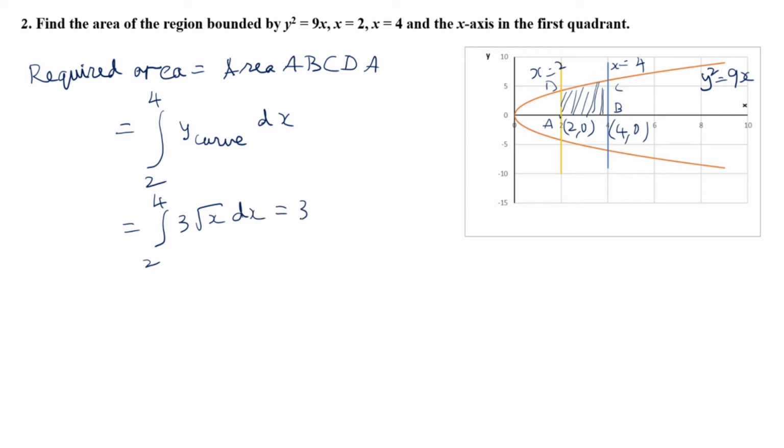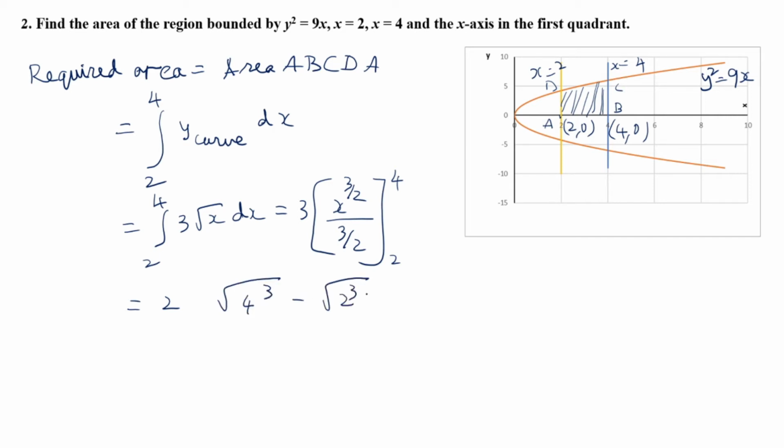So this is equal to 3 into x raised to 3 by 2 by 3 by 2 within the limits 2 to 4. So this is equal to 2 into square root of 4 cube minus square root of 2 cube.